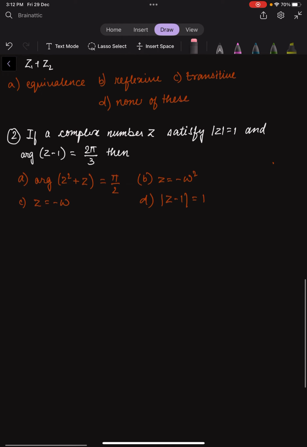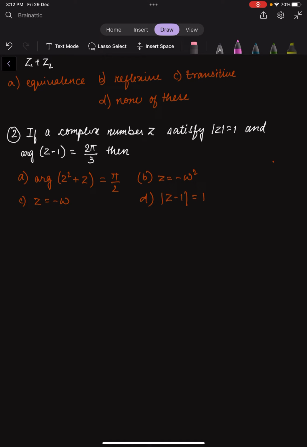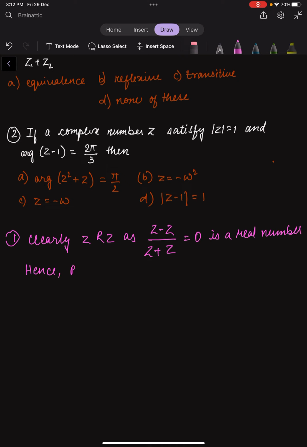Let us begin solving the first problem. In the first problem, clearly, Z relates to Z as (Z minus Z) by (Z plus Z) is equal to 0, which is a real number. Hence, the relation is reflexive.